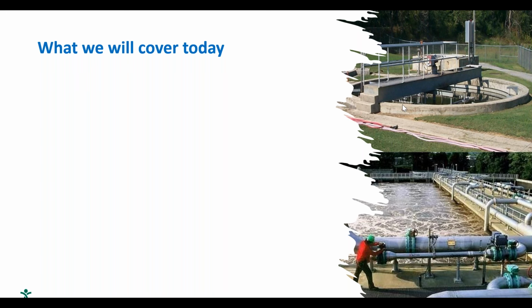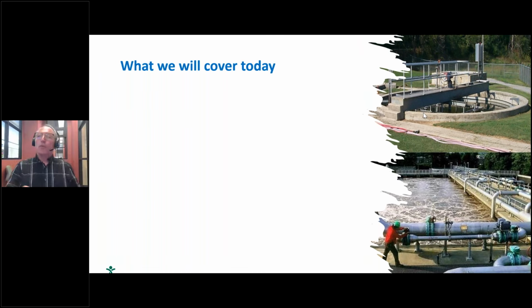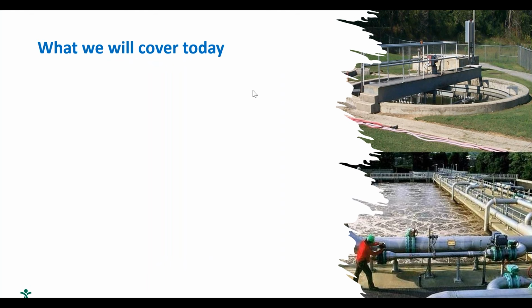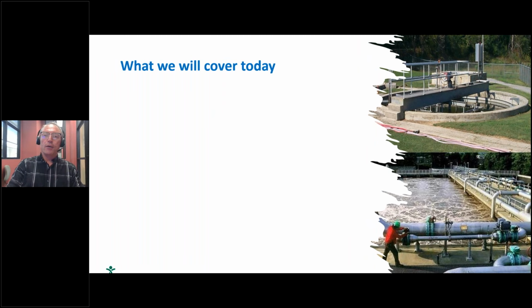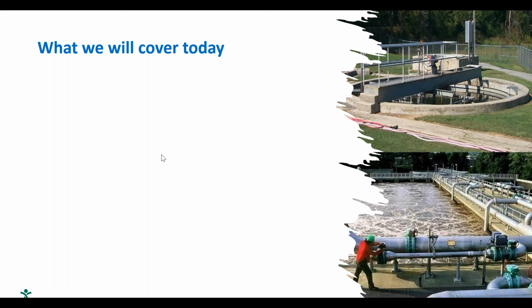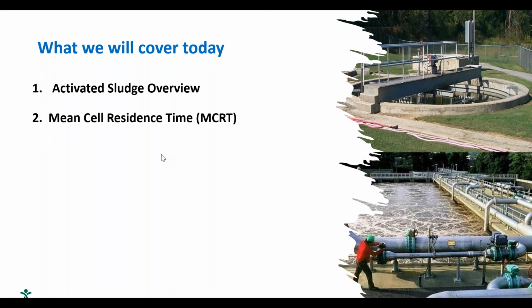Thank you very much. Welcome, everyone. Glad you're here today with us. I'm going to go over what we're going to cover today, and then we'll get started. First of all, we're going to start with an overview of the activated sludge process.